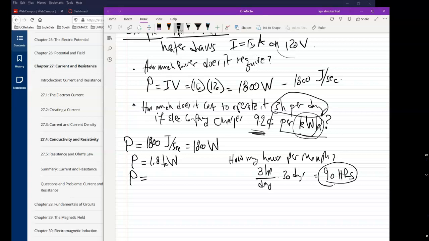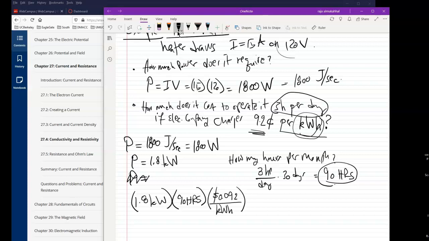So all I need to do is take that 1.8 kilowatt and multiply this by 90 hours, and for every kilowatt hour the company is charging me 9.2 cents, which in dollars is 0.092 dollars per kilowatt hour.